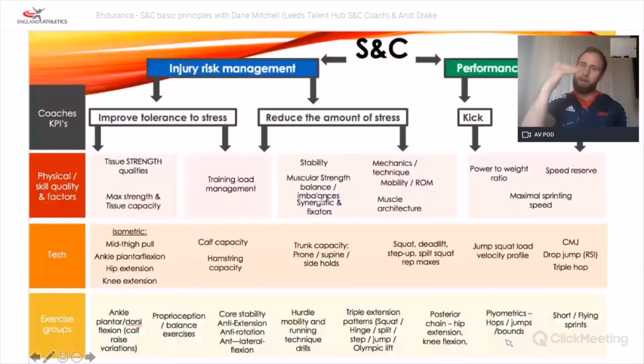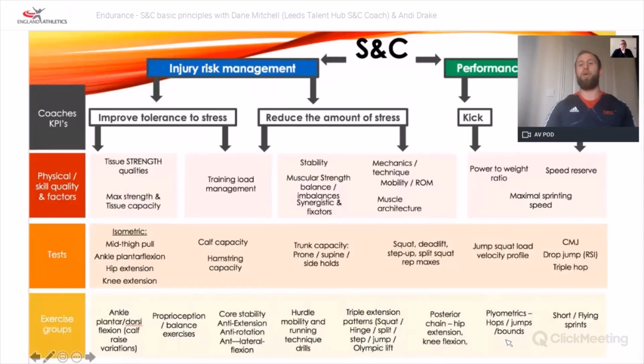If we move down this model, you can see the coach's key performance indicators, the line across there. As a coach, I am an assistant or support staff to their athletes, so a coach wants from me a robust athlete. I look at it this way: a robust athlete is someone who has great tolerance to stress.